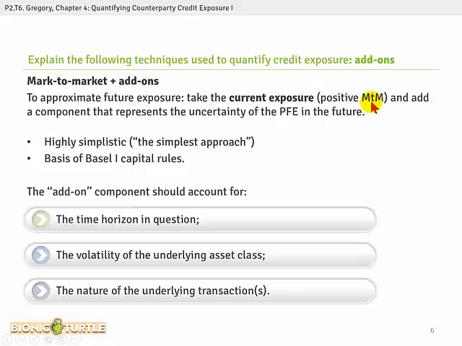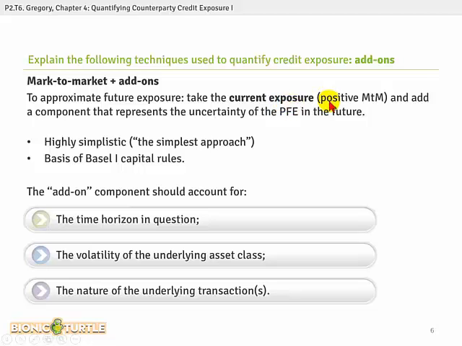The mark-to-market value itself can be negative or positive, and that's one of the features of the bilateral derivatives contract. But the exposure is only going to be positive. The current exposure is only going to be the value for a positive mark-to-market. If the mark-to-market is negative, then the current exposure is zero.